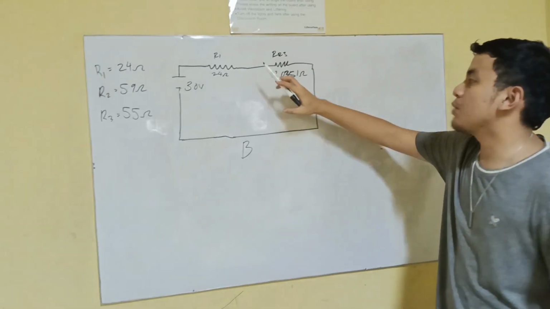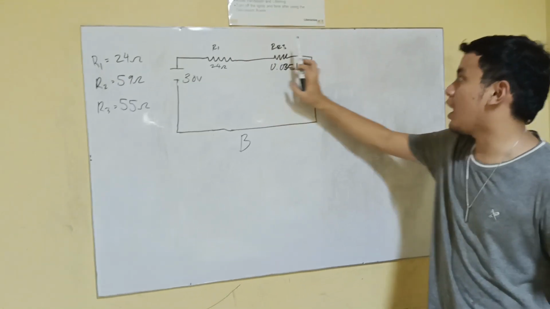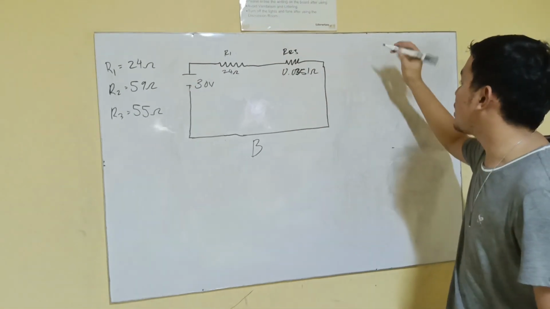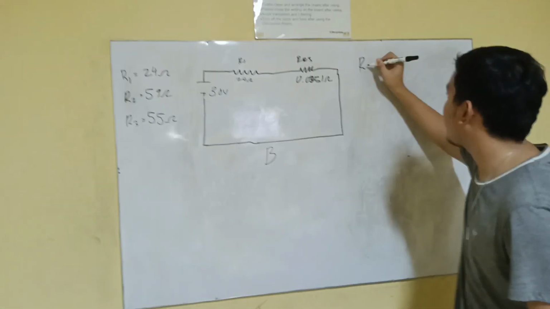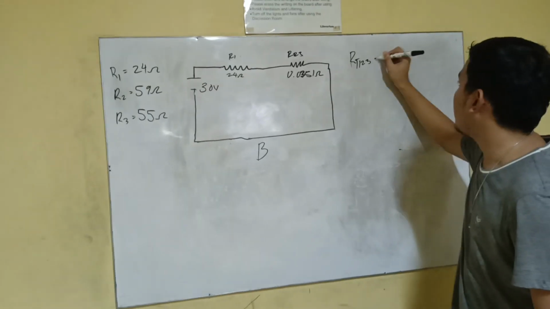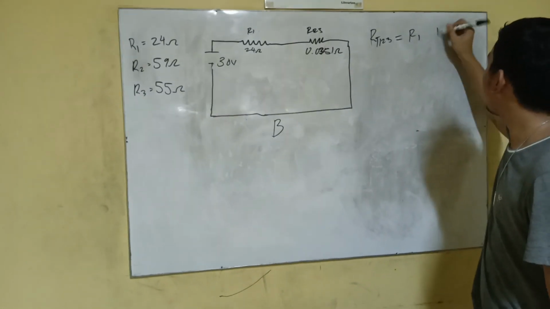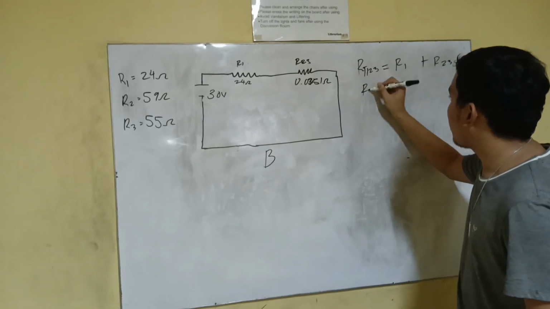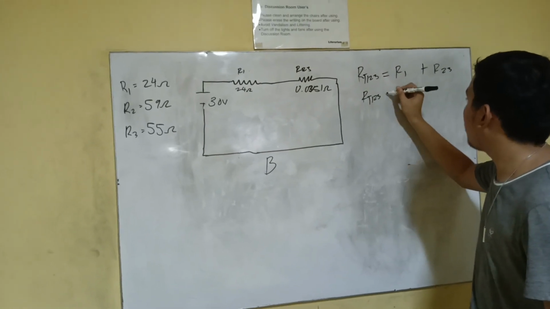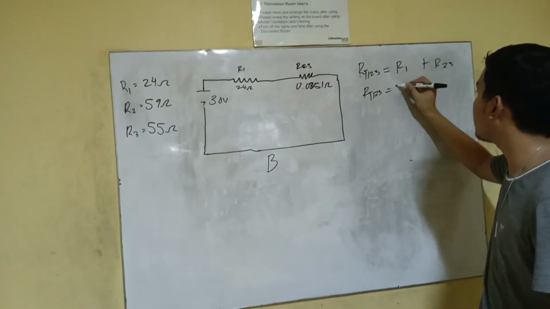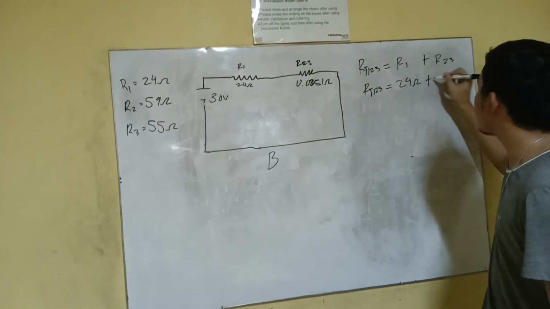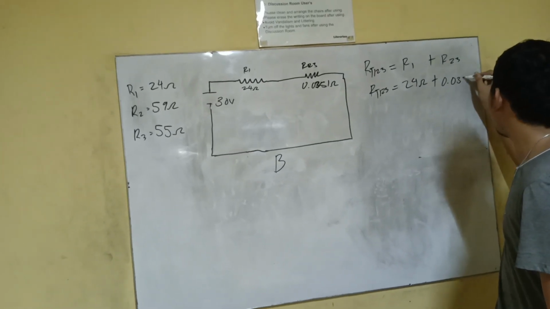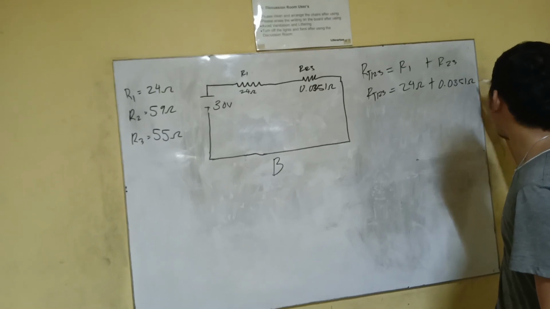And the second is we're going to solve R1 and R23. Since this is a series, this is the formula of series: R total 1, 2, 3 equals R1 plus R23. We distribute their values: R1 is 24 ohms plus R23 is 0.0351 ohms.